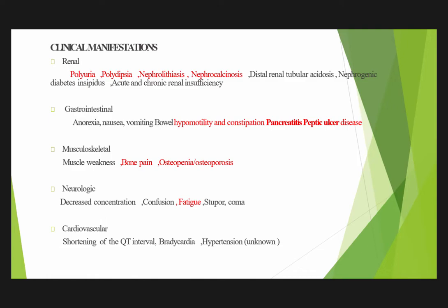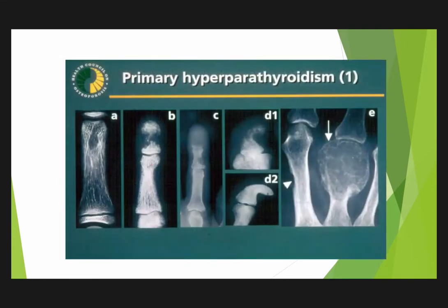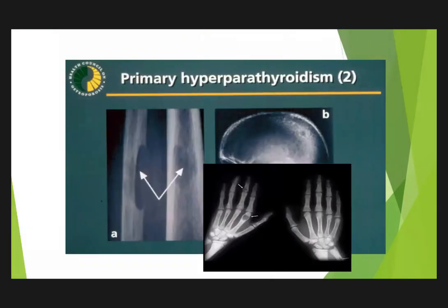Muscle weakness, bone pain, osteopenia, osteoporosis, neurological symptoms, decreased concentration, fatigue. Sometimes in severe cases, in a hypercalcemic crisis, which I will show on the next slide, it may provoke coma. Of course, cardiovascular changes. Also, here are other photos of patients with hyperparathyroidism.